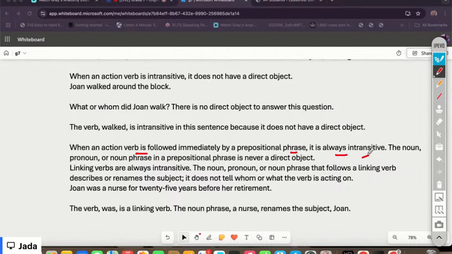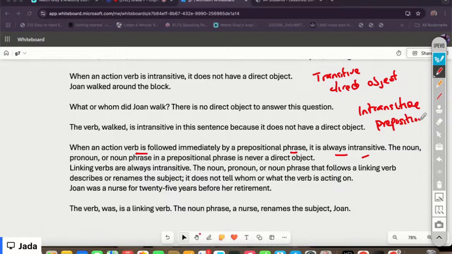So take note that for transitive, it is a direct object. And for intransitive, it is a prepositional phrase.